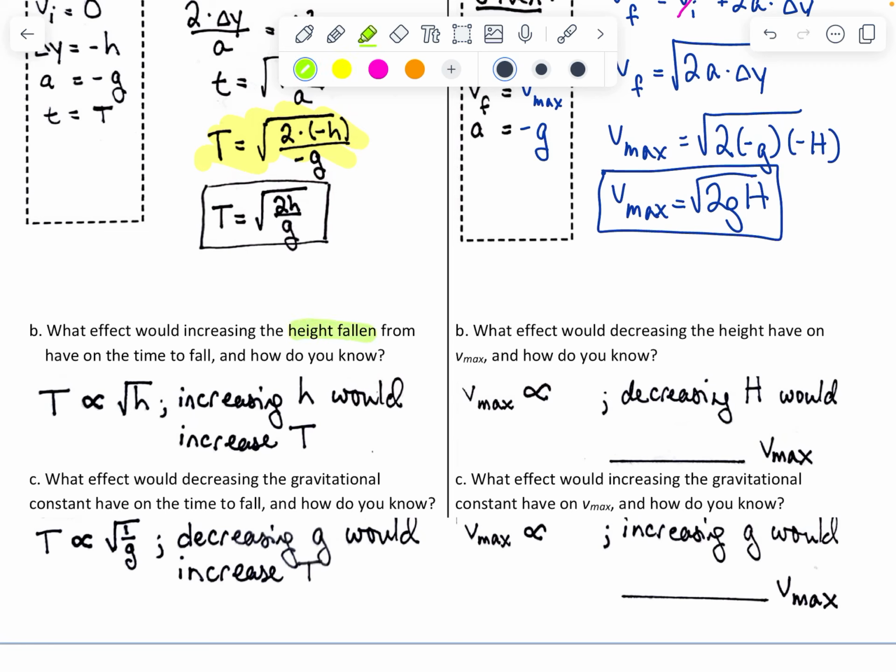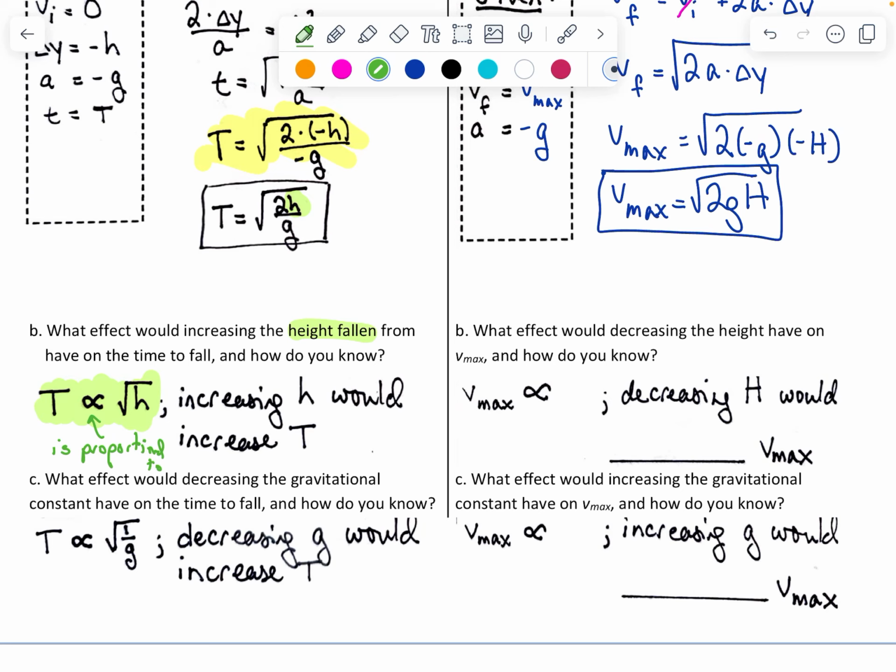And so we see that the height is on the top of the fraction, and so time is proportional to the square root of h. Remember, this little symbol here means is proportional to.